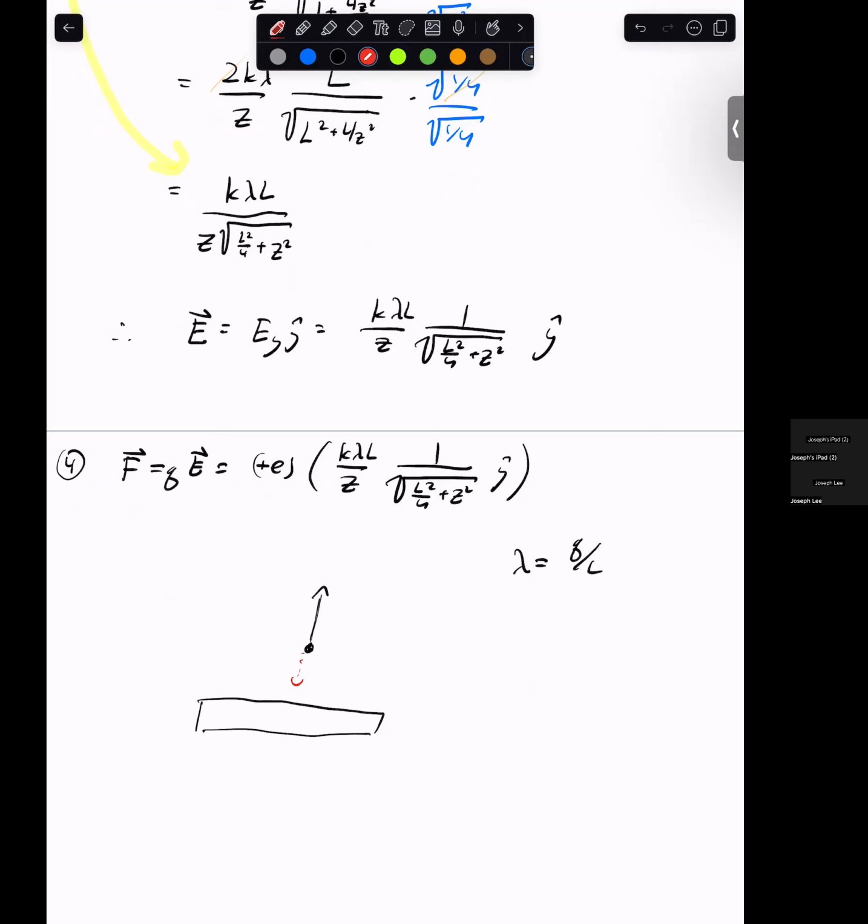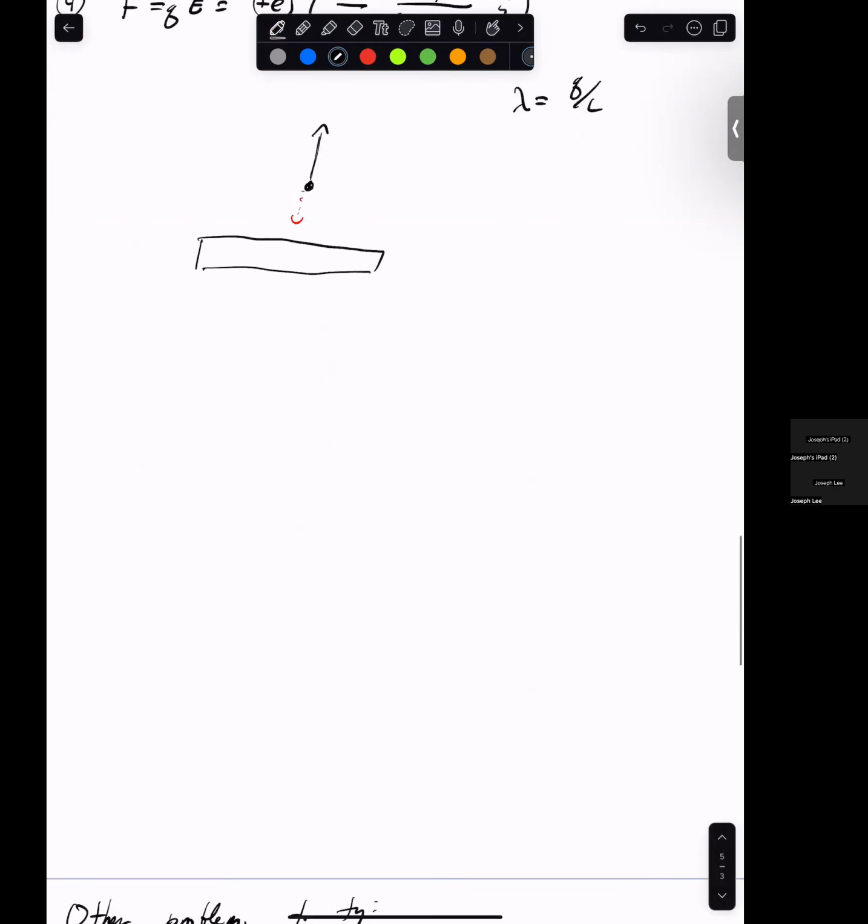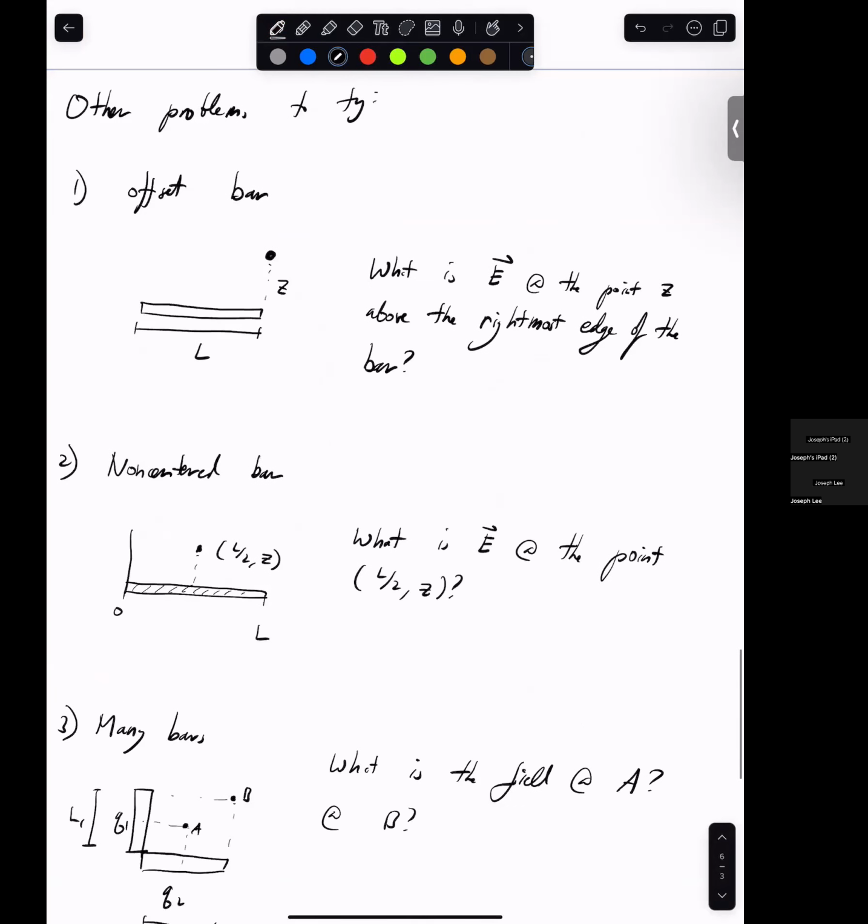So once you've done this problem on your own, I have some suggestions for additional problems you can do. So one problem to try is the offset bar. What is the electric field at the point z above the rightmost edge of the bar?